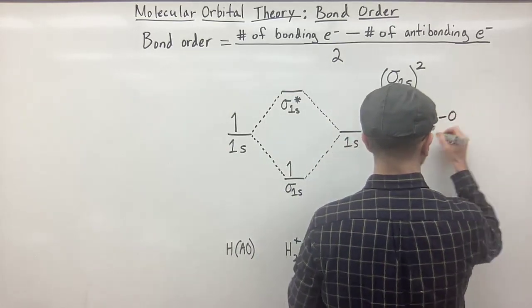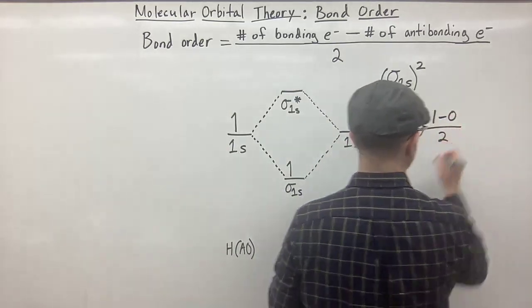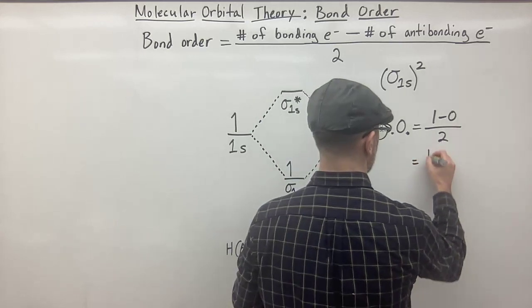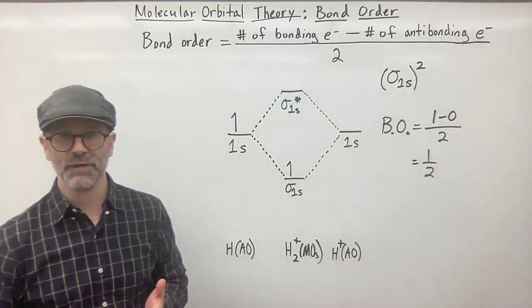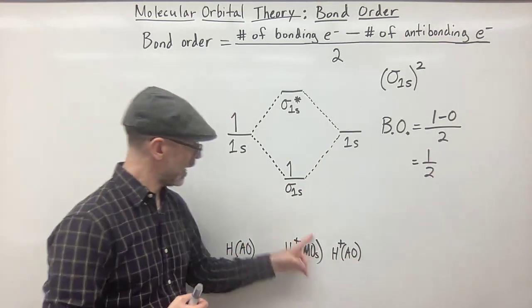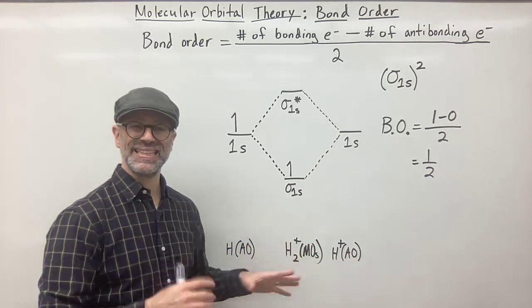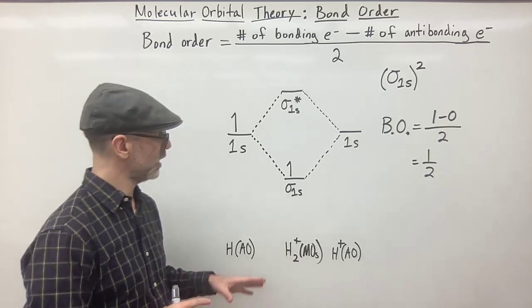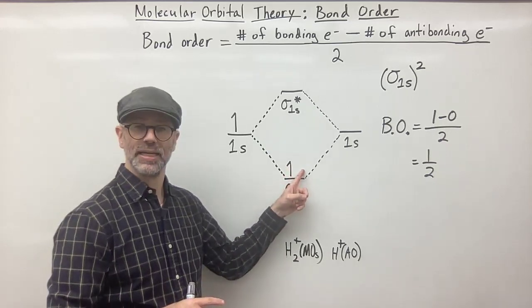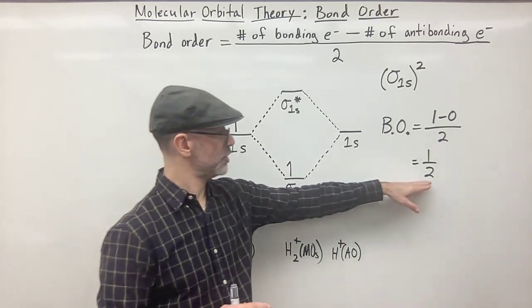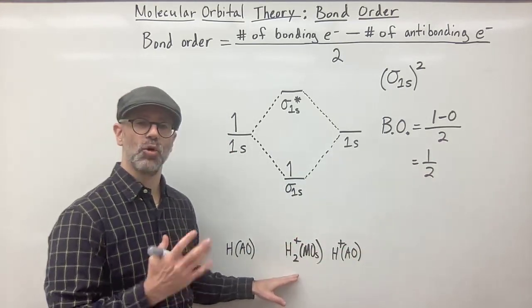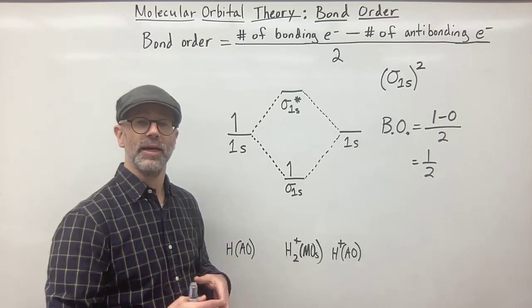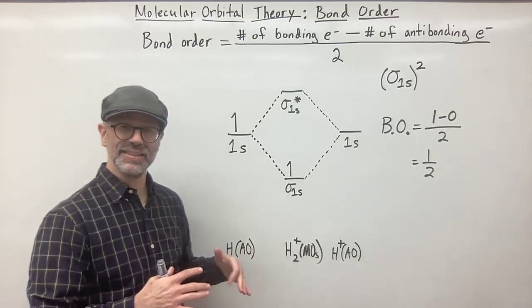So we subtract out 0 and divide that by 2. So we get 1 over 2. We get a bond order of 1/2, which means that the bond here is going to be less stable than having the 2 electrons in here. So the bond order is lower, meaning that this bond is not quite a single bond. It's going to be less than a single bond.